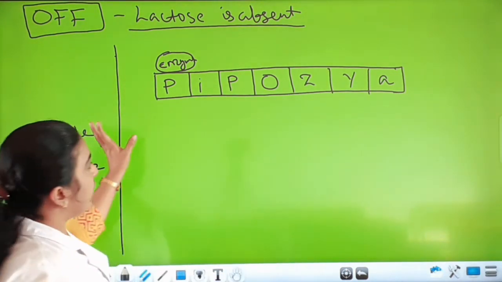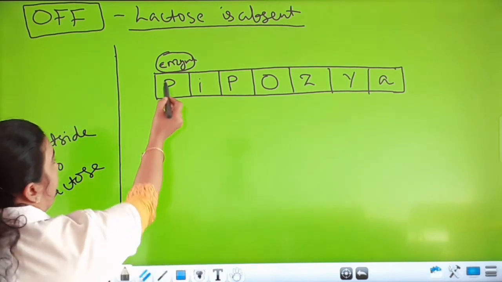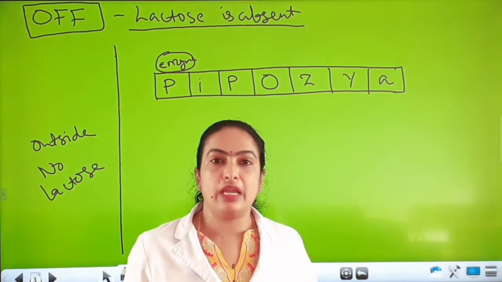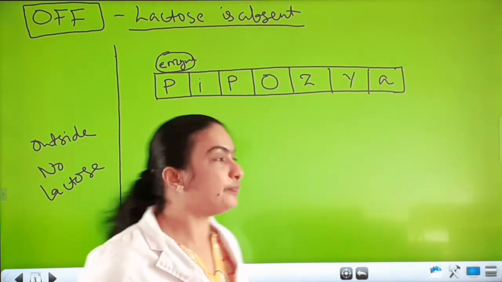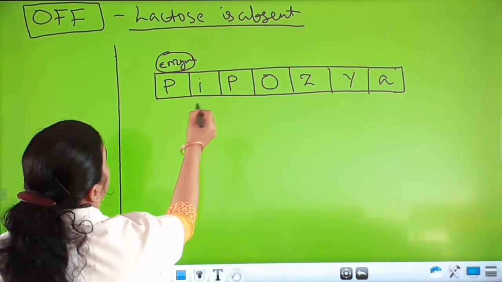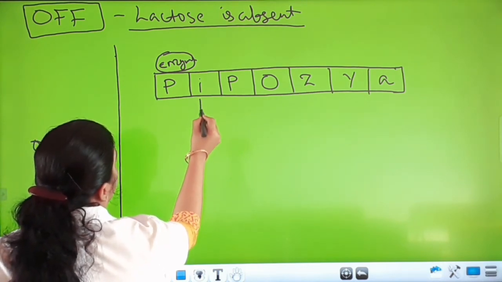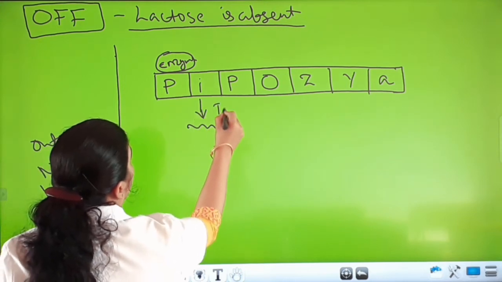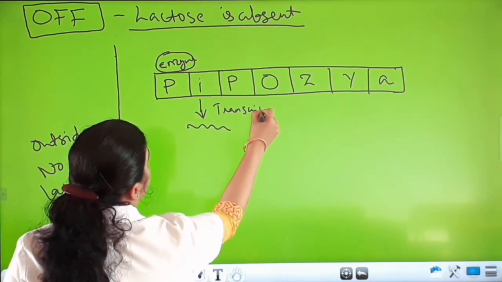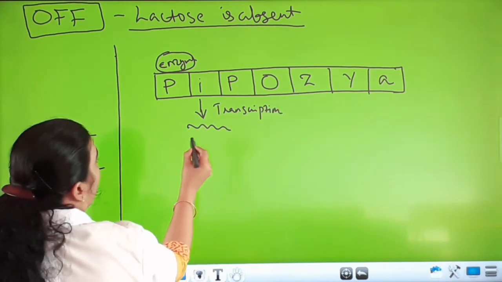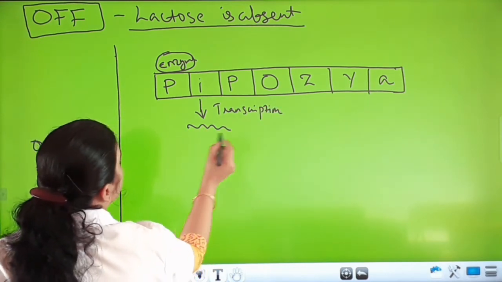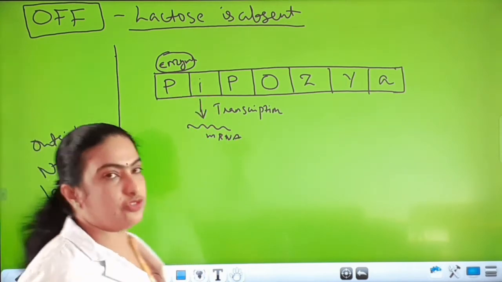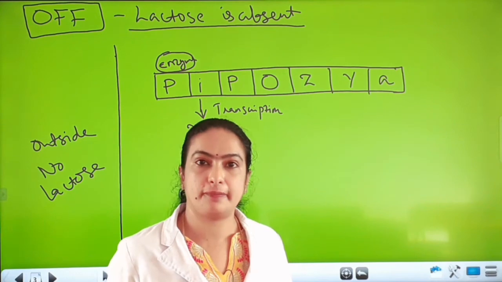Now we can see this inhibitory gene or regulator gene first undergoes transcription. By the transcription process it forms an mRNA. This is the mRNA formed by the I gene after transcription.